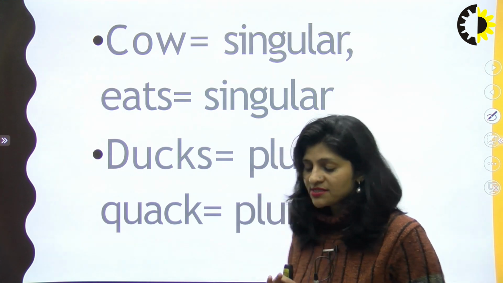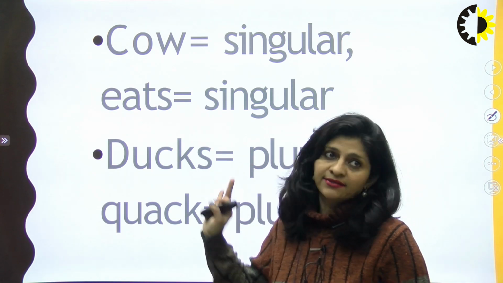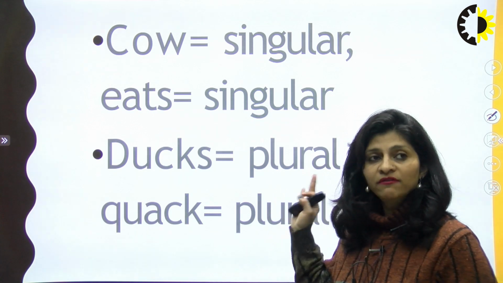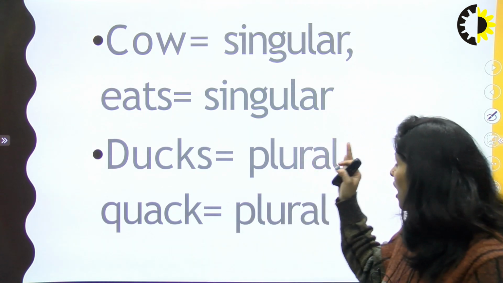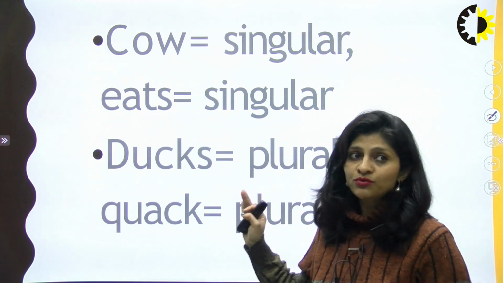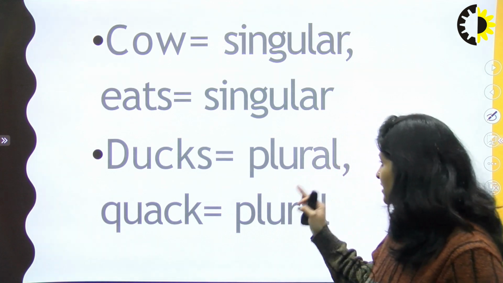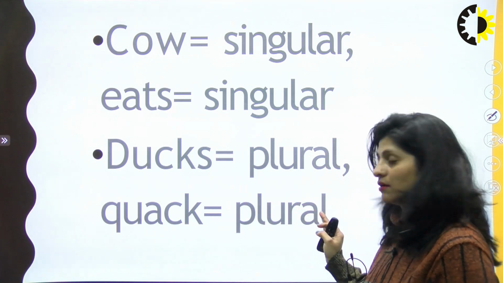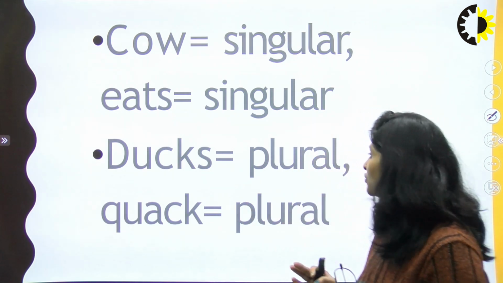A singular verb always ends with s at the end. So if the cow is a singular subject, then we will use eats as a singular verb. And ducks is a plural subject, so we will use quack as a plural verb. That's the first rule which you need to understand.